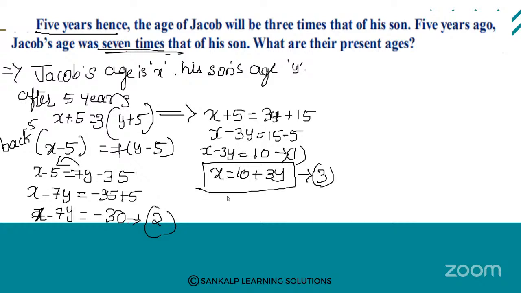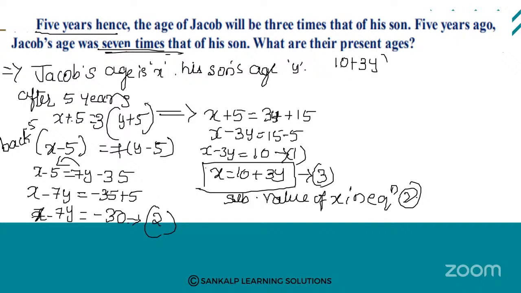Equation number 2 is x minus 7y is equal to minus 30. The x value is 10 plus 3y minus 7y is equal to minus 30, right?